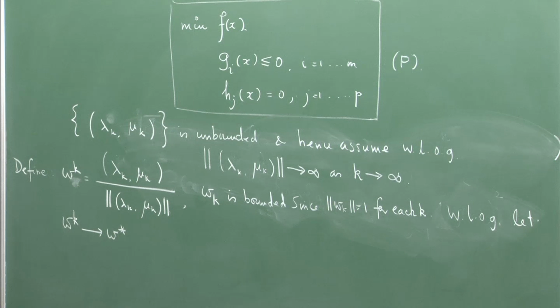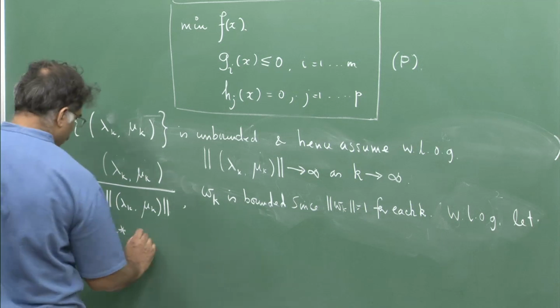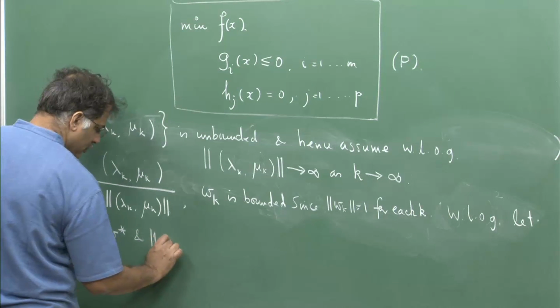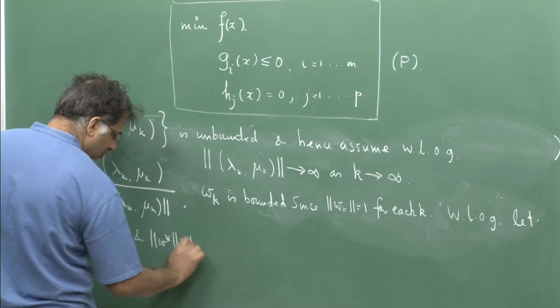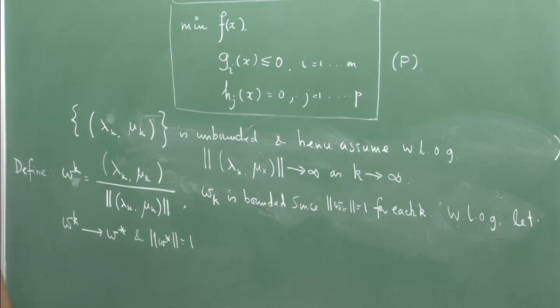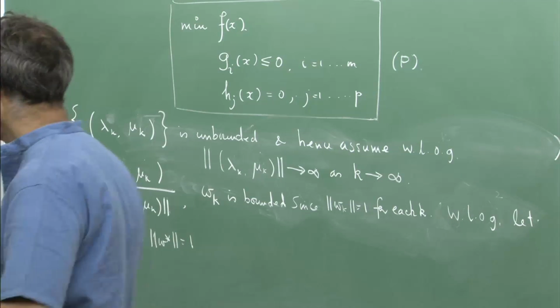Okay. So, wk converges to w star and norm of w star is 1, which is obvious, and hence this w star is a non-zero vector, it cannot be 0.